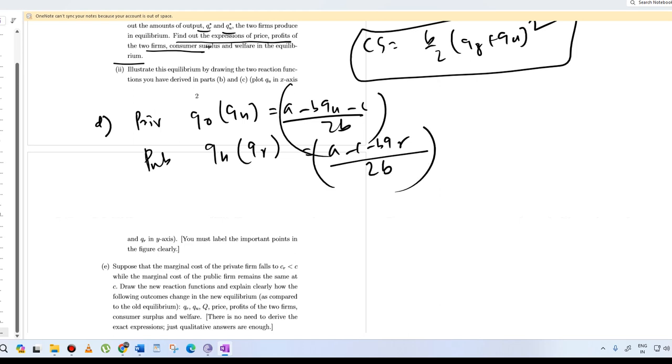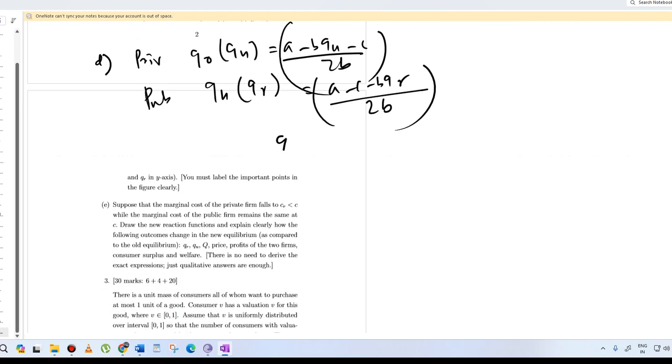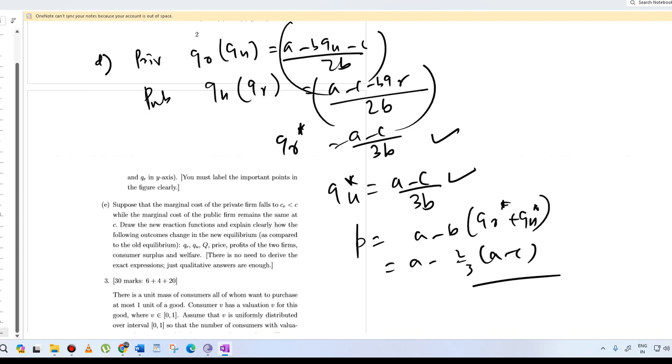So to find the equilibrium, we solve the two reaction functions. Solving, we get QR equal to (A minus C) by 3B and QU equal to (A minus C) by 3B. So this is the equilibrium result. Both are the same. The equilibrium price P equals A minus B times (QR star plus QU star), so A minus 2/3 (A minus C), that is 1/3 (A plus 2C).